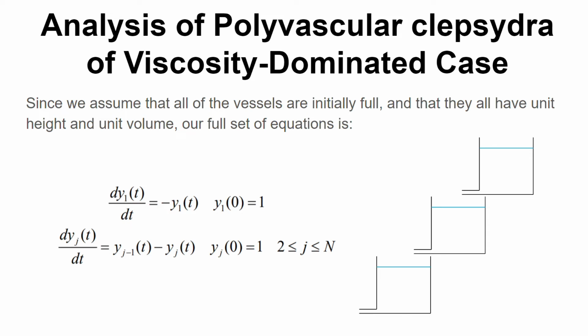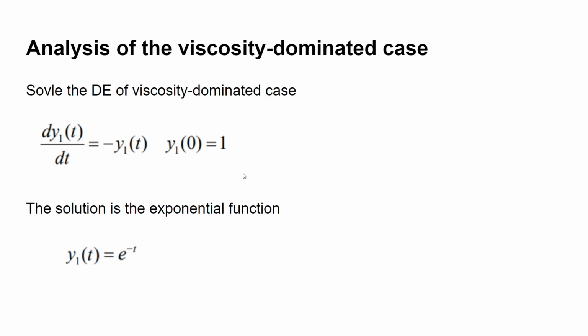Yuting just showed the viscosity dominant case to us, and now I will solve the differential equation of the viscosity dominant case. First, we need to solve the differential equation of the first vessel, y sub 1 of t.